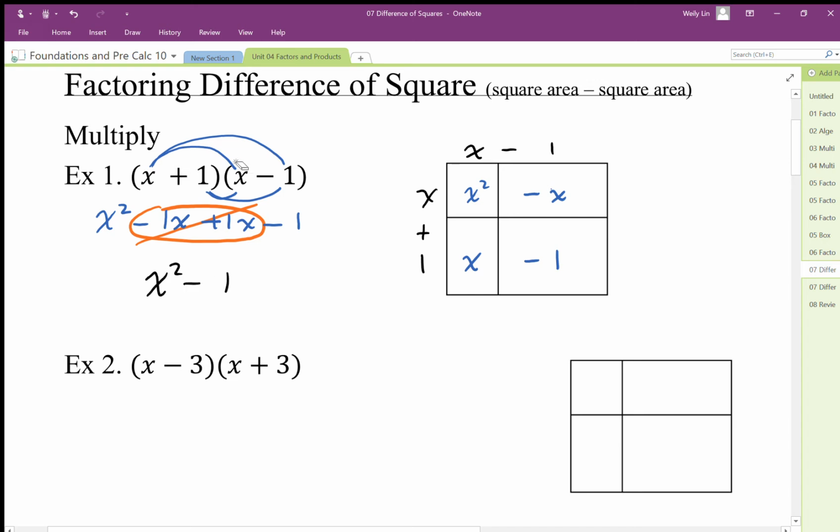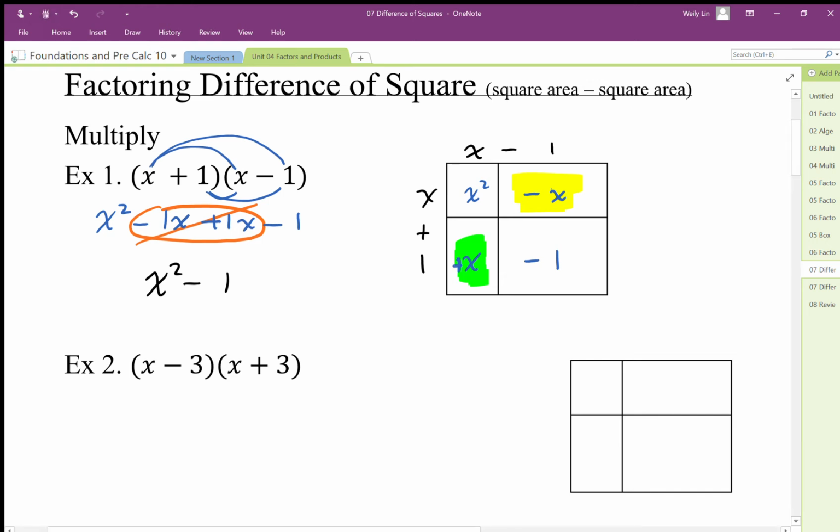So these are special ones. We call these conjugate pairs because they are symmetrical but opposite in symmetry, and they give us a certain pattern. The middle terms always end up canceling out, so we end up with a square minus a square. Because of this opposite symmetry, these two terms are opposite and they cancel out.